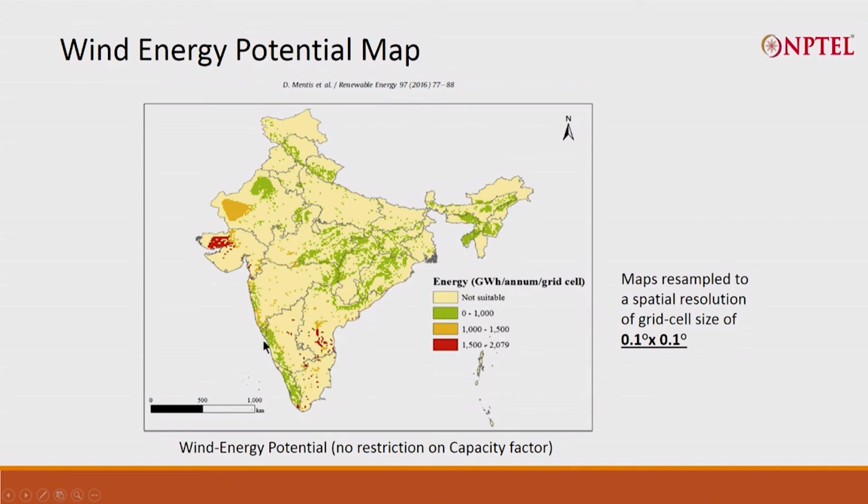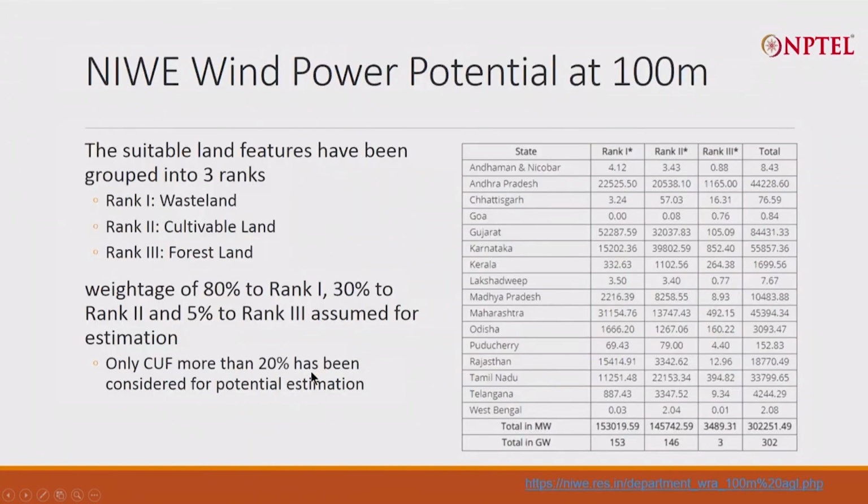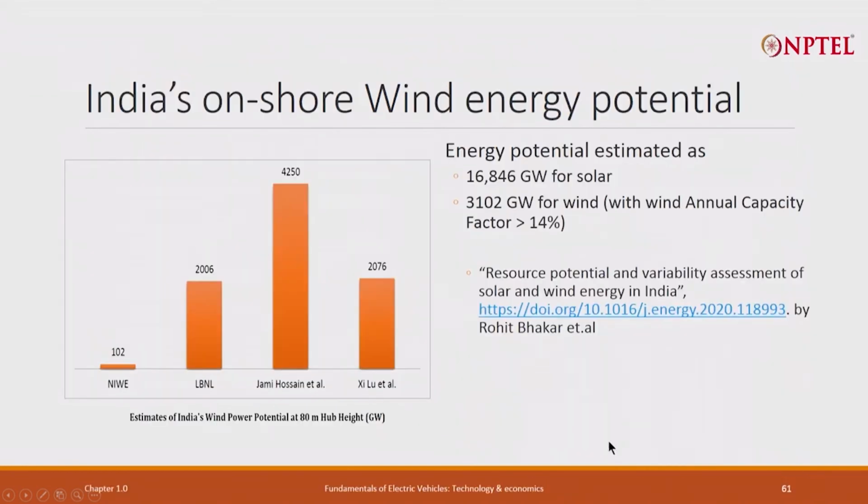Here also it is concentrated in this place, a little bit on this side. So, total land area has been ranked, rank 1, rank 2, rank 3, in terms of the percentage that you can produce, and there is one estimate that you can actually produce only 153 gigawatt.